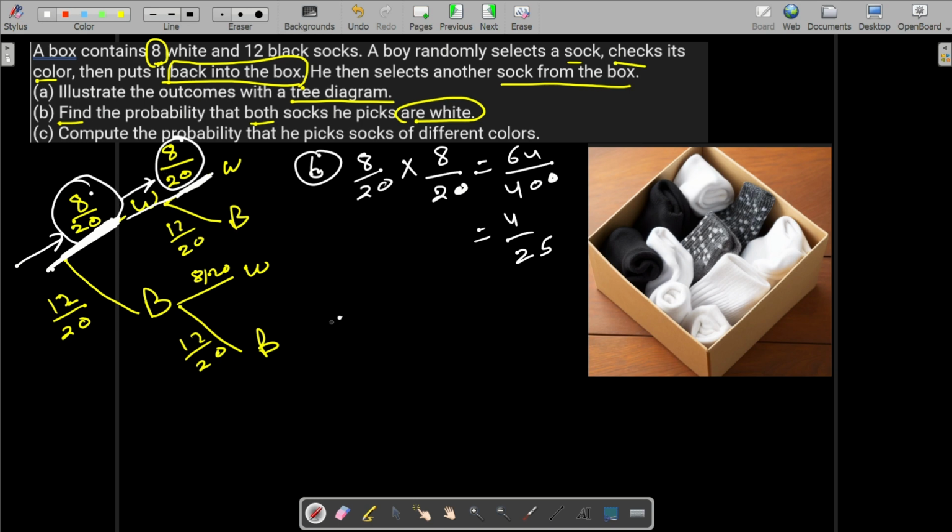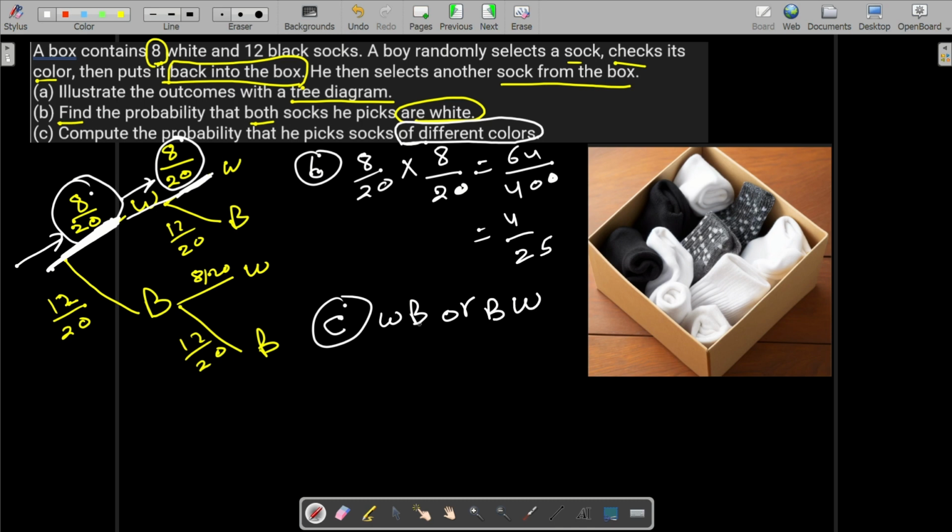Now let's take a look at question C. Compute the probability that he picks socks of different colors. Socks of different colors, that means he can get white, then black, or he can get black, then white.